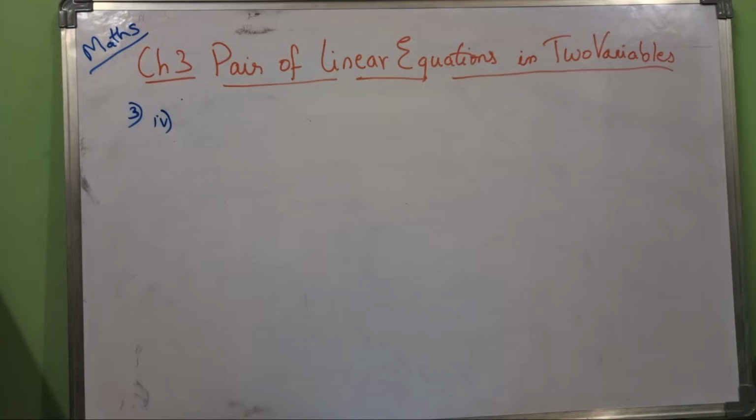They have mentioned some big question, but it will still come down to two equations only. The question is: the taxi charges in a city consist of a fixed charge together with the charge for distance covered.